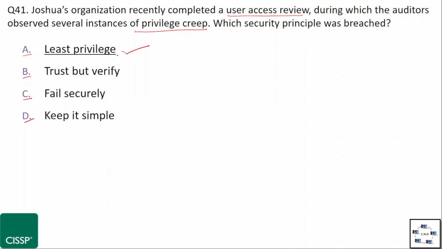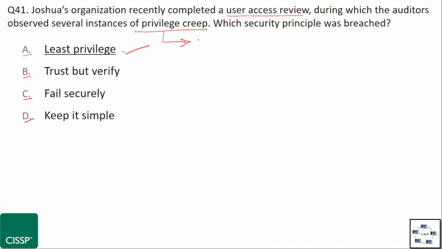If you don't implement the least privilege, then you will have privilege creep inside your organization. And what is privilege creep? Privilege creep is anyone having access privileges or access rights beyond the requirements.